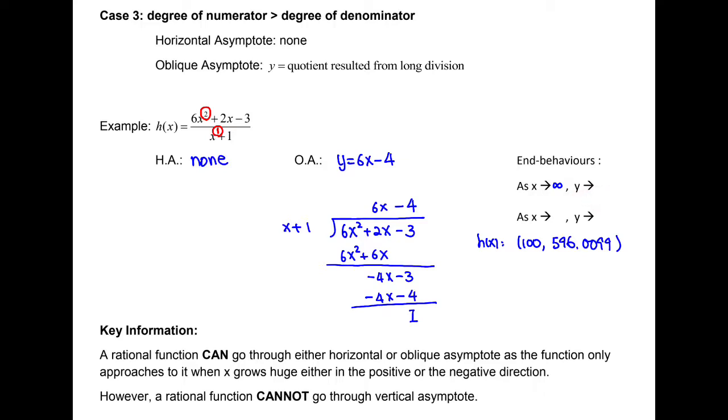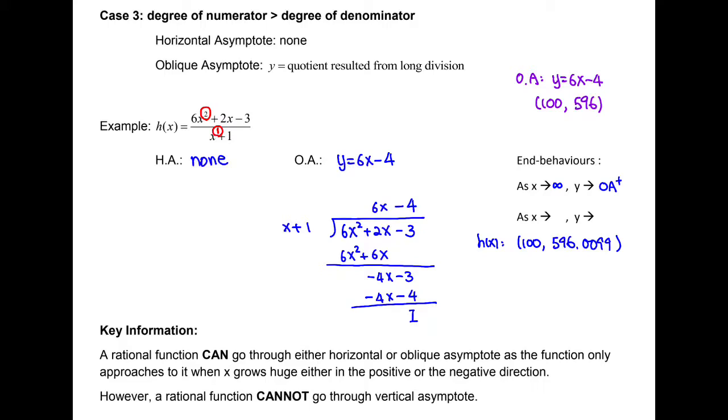However, we would like to know whether or not the function is above or below the oblique asymptote, so we have to find the y value of the oblique asymptote when x equals 100. As you can see, the y value on the function is higher than the y value of the oblique asymptote. Therefore, we say y is approaching positive infinity, which is also above the oblique asymptote.